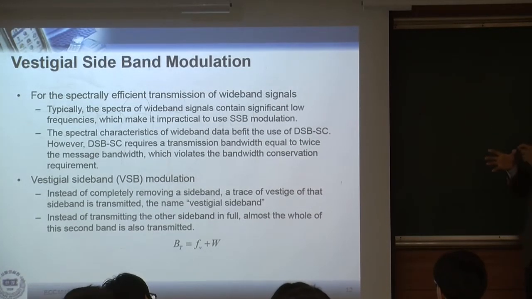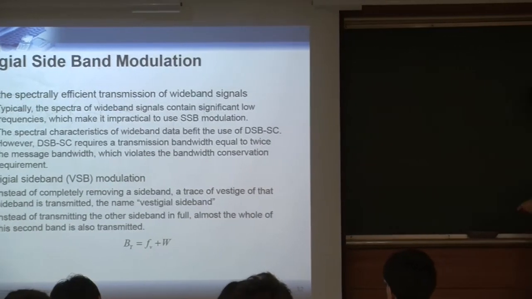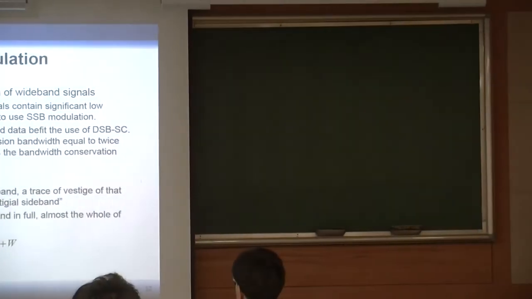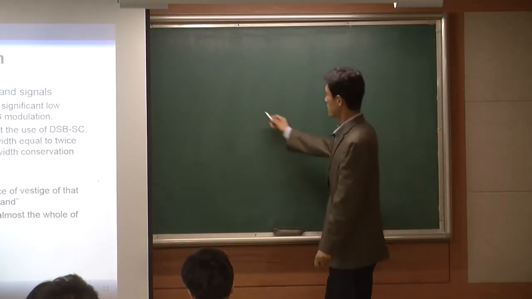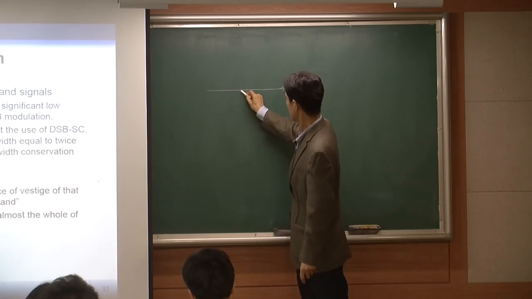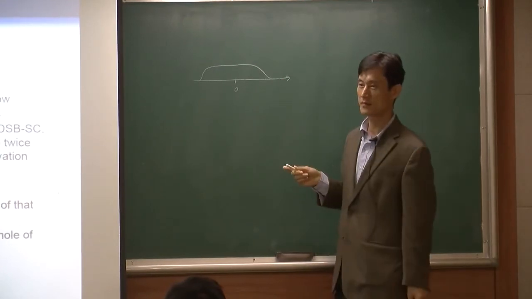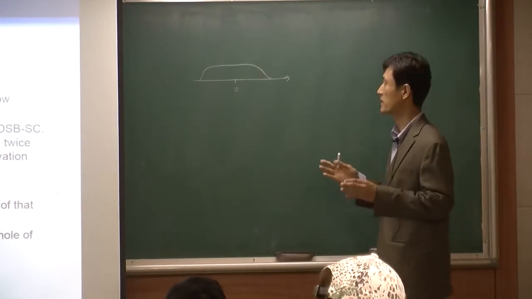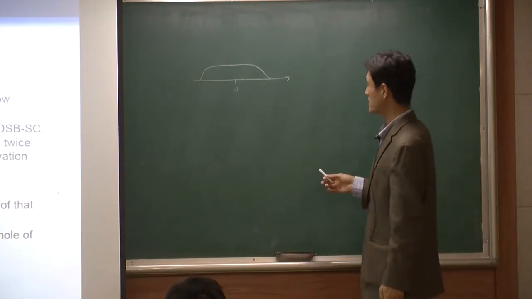Actually, just SSB is not enough for this TV signal because, as we just said, it's very wideband. Okay, TV signal is typically wideband. Now let's think about using SSB.